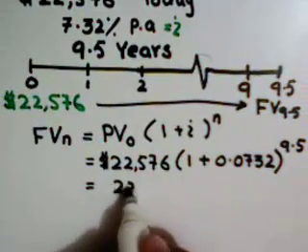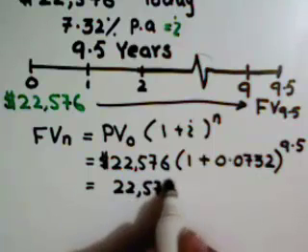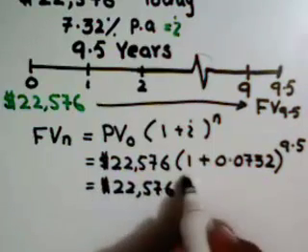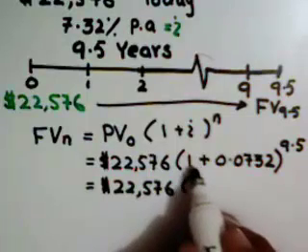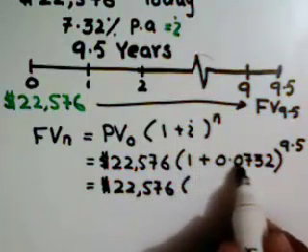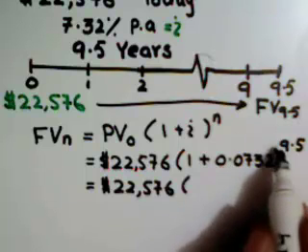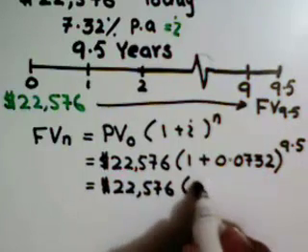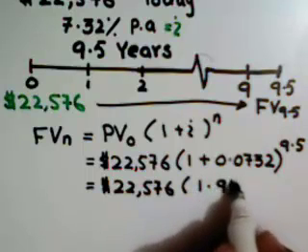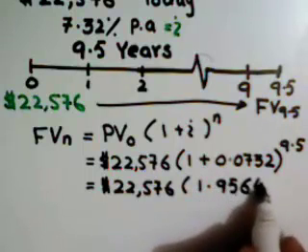This is $22,576 multiplied by, now 1 plus 0.0732 is 1.0732 raised to the power 9.5, which is 1.9564.